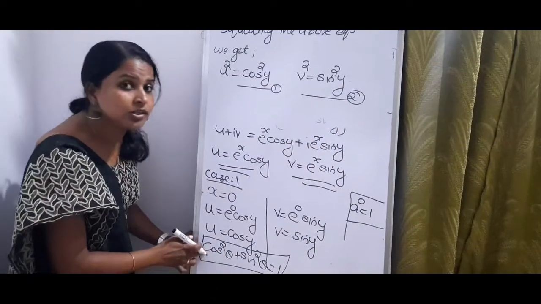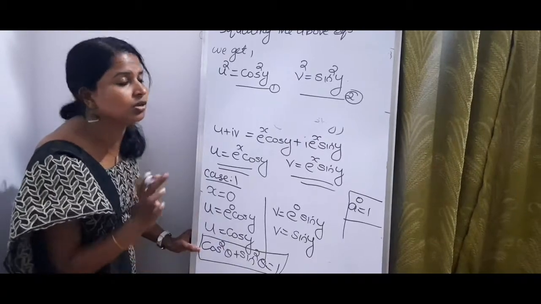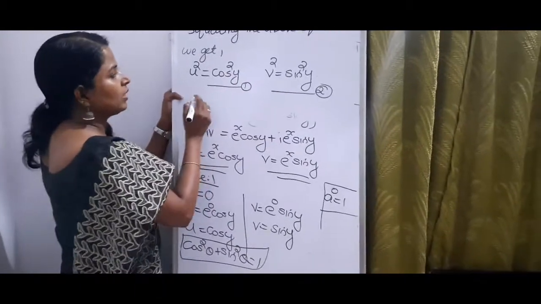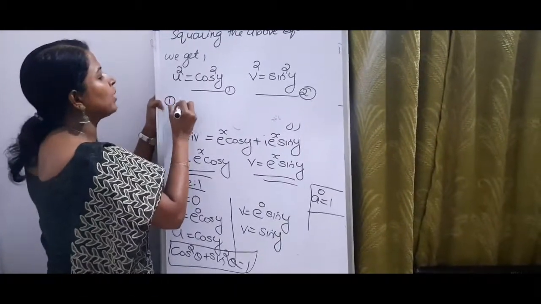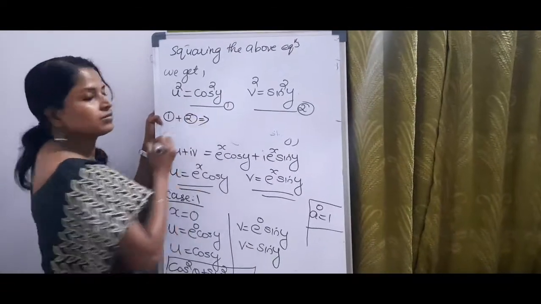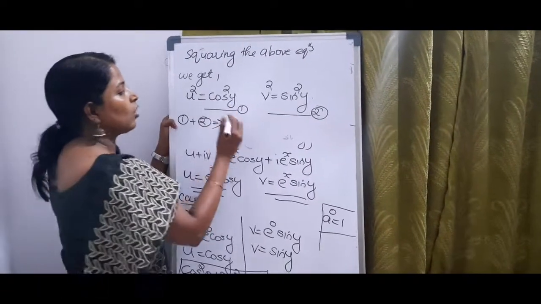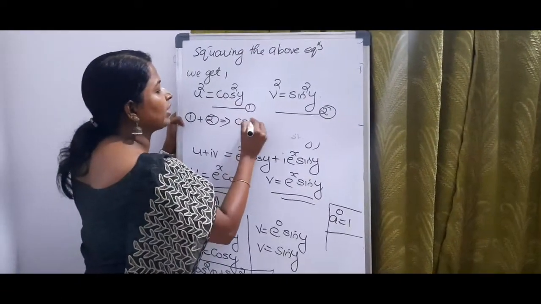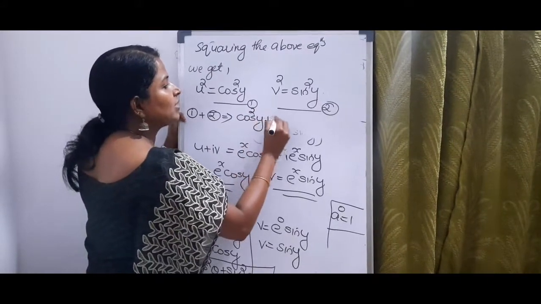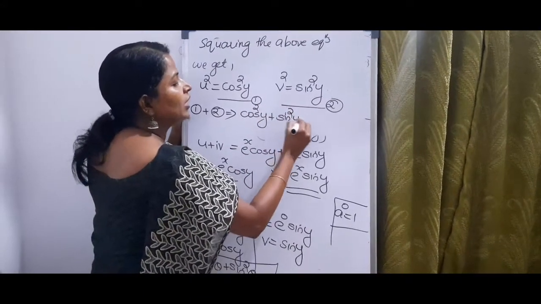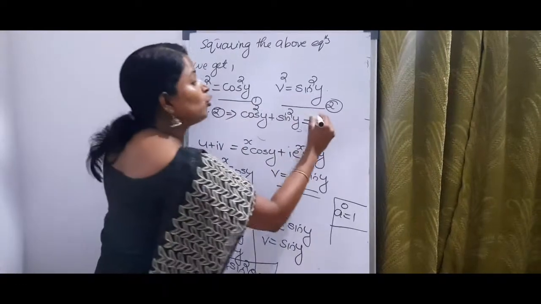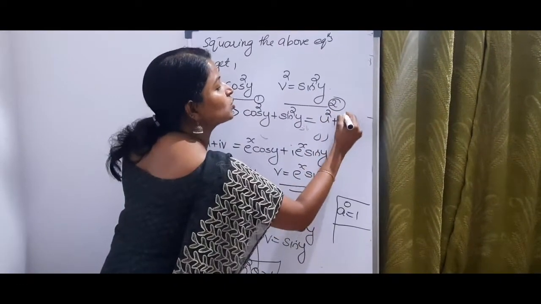We know that cos square theta plus sin square theta equal to 1. That is, equation 1 plus equation 2 implies cos square y plus sin square y equal to u square plus v square.